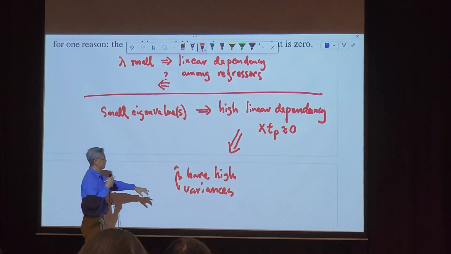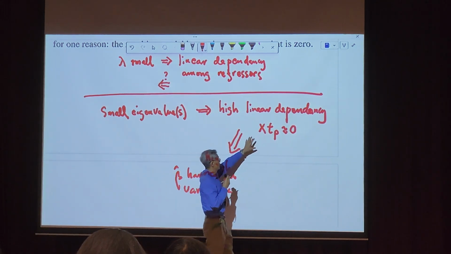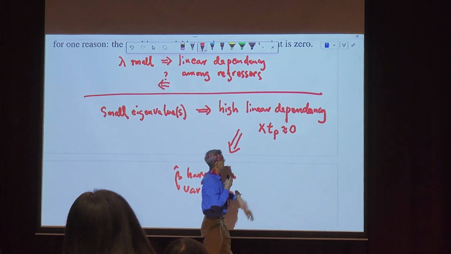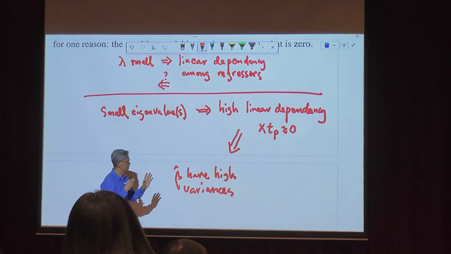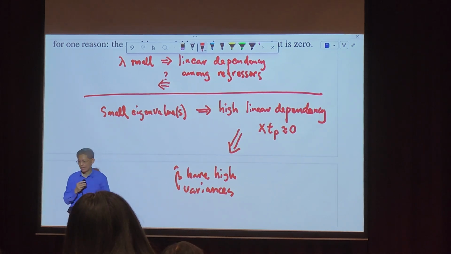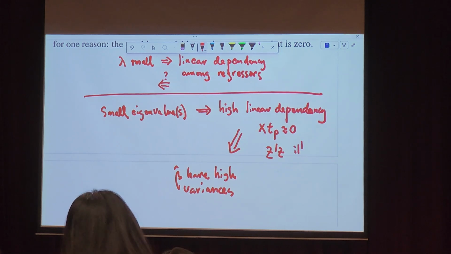High linear dependency means one or more of your principal components is near 0 vector. And because of this, your Z prime Z matrix is ill conditioned.